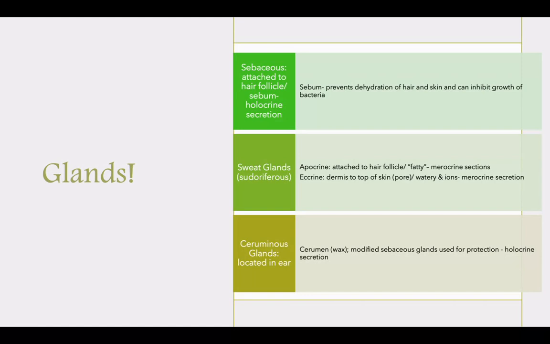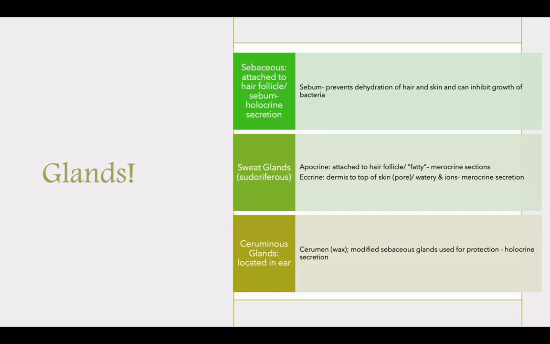Let's talk about eccrine sweat glands first. Eccrine sweat glands are coiled glands typically in the reticular layer of the dermis, and they extend to the top of the epidermis via a pore.